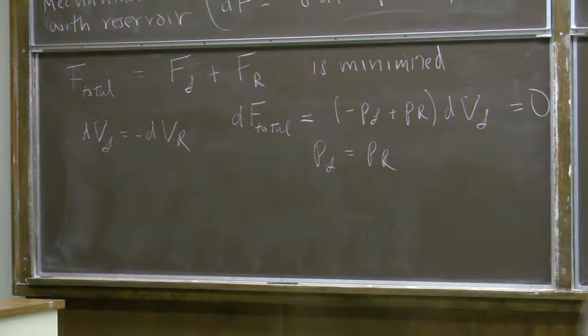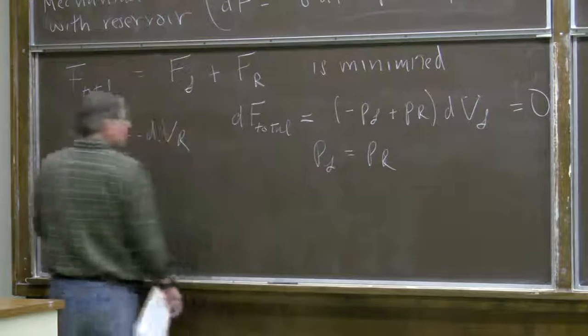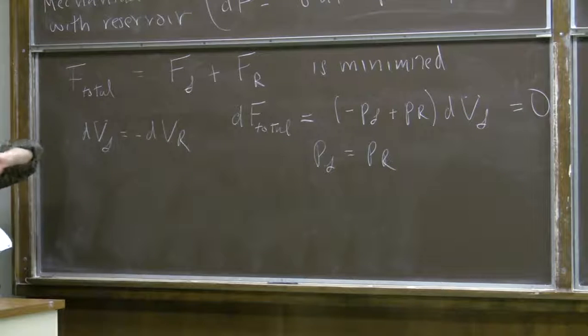So here what I'm talking about is, suppose you bring the system into contact with the reservoir, and the system and the reservoir have different values of the pressure. So we're actually not in the most probable configuration. The system can find a more probable configuration by changing its volume, borrowing that volume from the reservoir.